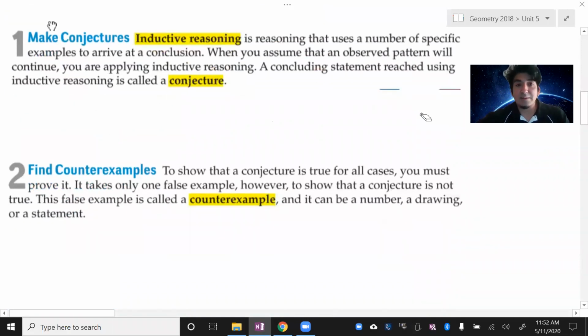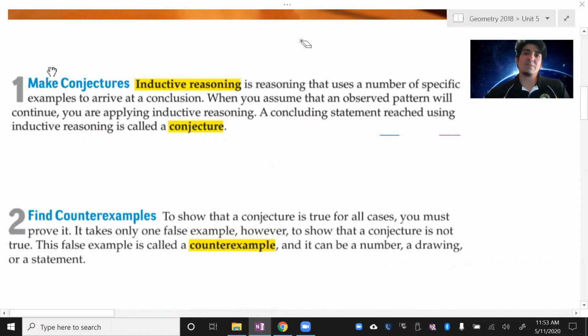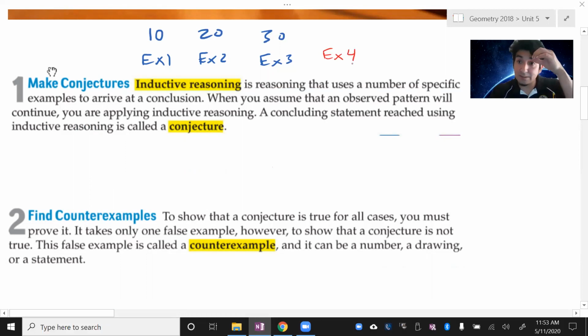From here, we're going to be using something called inductive reasoning, conjectures, and counterexamples. So make sure you're locking in, because that's what we want to do. Inductive reasoning is reasoning that uses a number of specific examples to arrive at a conclusion. So if I say example 1, example 2, example 3, and my first example is 10, my second example is 20, my third example is 30, and the question is, if I continue this pattern, what's going to be my next number?